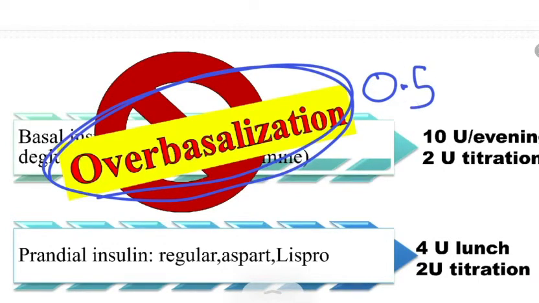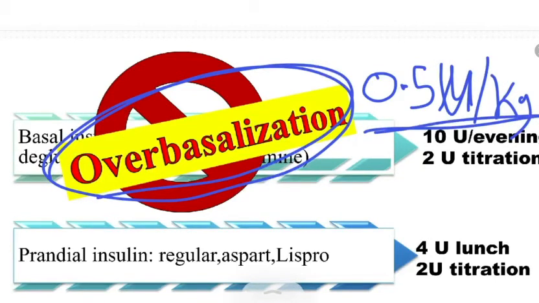becomes 0.5 unit per kg. For example, if the patient's weight is 100 kg, and we give him 50 units of insulin like glargine or protamine, and we are not reaching the goal, this means we are reaching over-basalization.